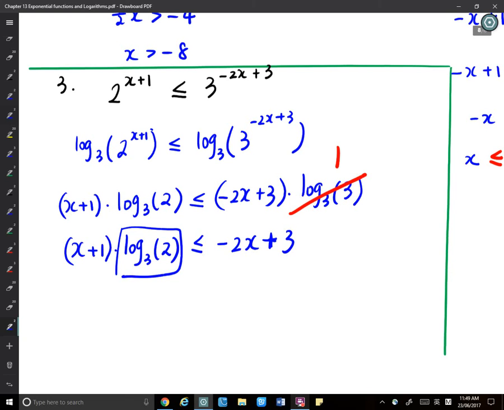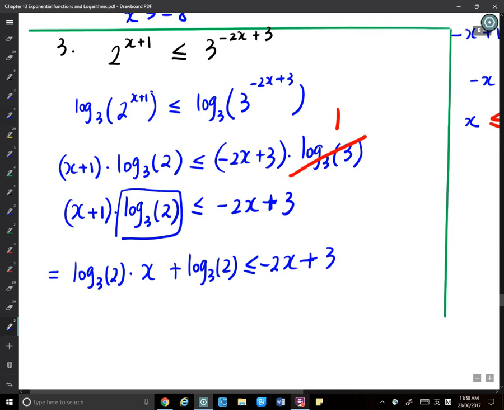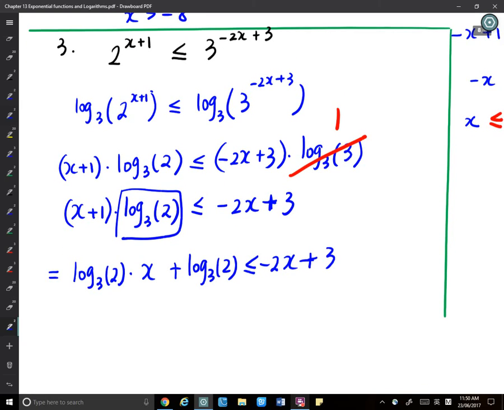Can you solve for that? Yes, right? If it's a 5, you expand. Now it's log 3 of 2, you still expand that. So log 3 of 2 times x plus log 3 of 2, less than or equal to minus 2x plus 3. It will be the same story. It's just a number times x plus a number, less than or equal to minus 2x plus another number.